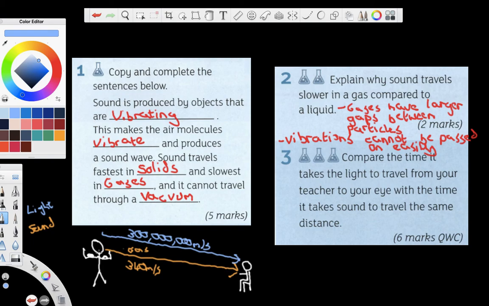For your 4th mark, these vibrations travel through the air as a longitudinal wave. For your 5th mark, they travel at 340 meters per second. For your final mark, you could have said that light travels almost 1 million times faster than sound, therefore you see your teacher before you hear the sound.